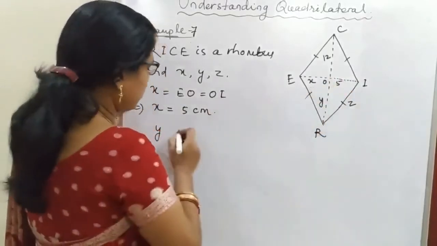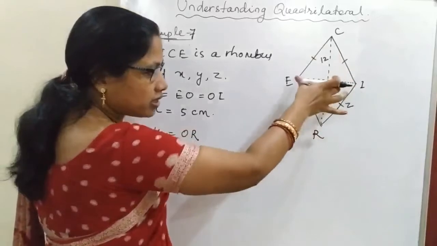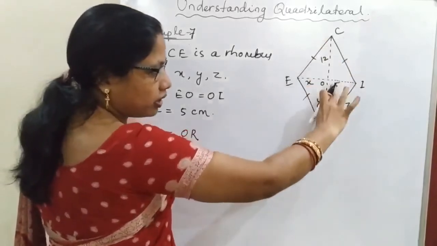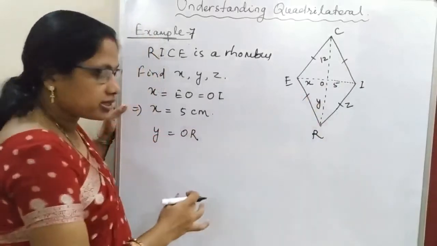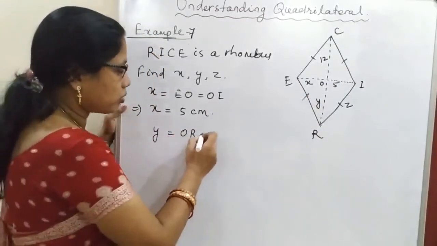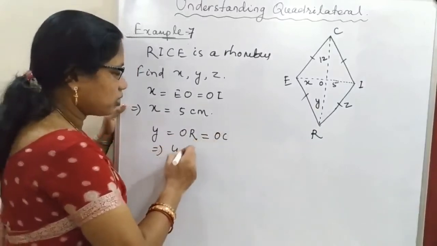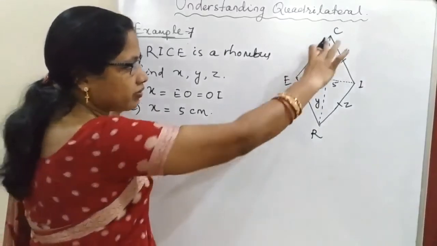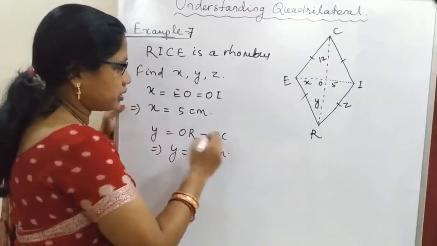Y is equal to OR. Here also the diagonals, CO is equal to OR because O is the midpoint of the diagonal CR. So Y is equal to OR, that is equal to OC, which is given as 12 centimeter. So Y is equal to 12 centimeter.